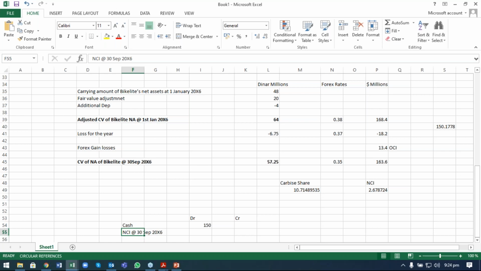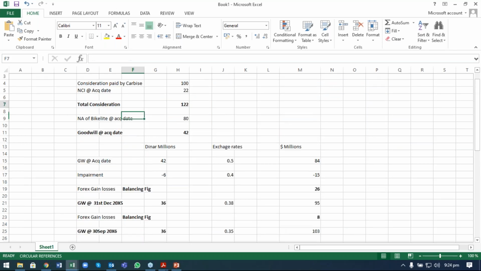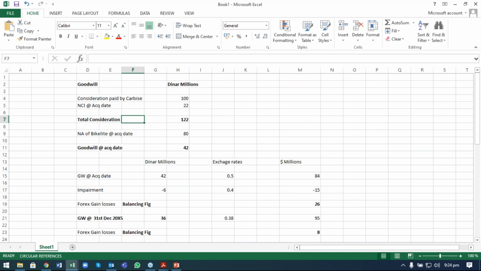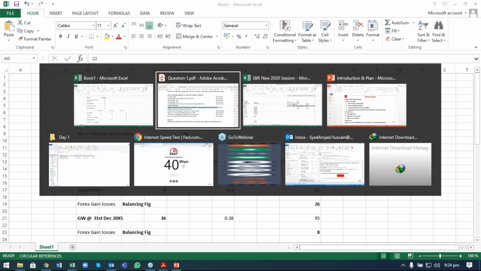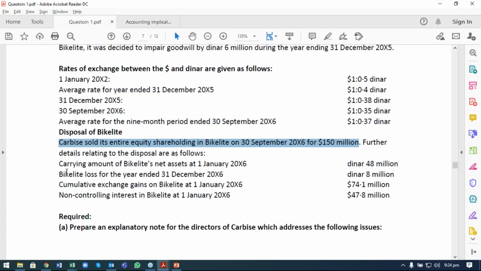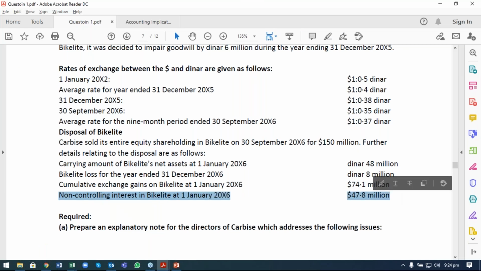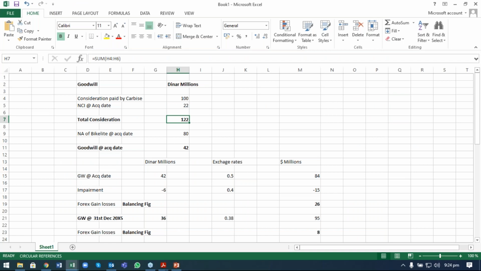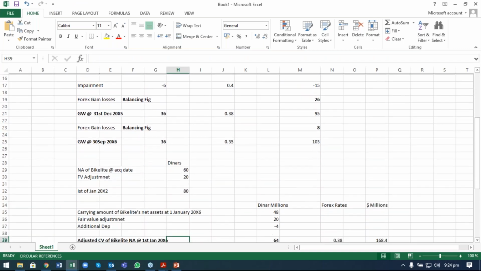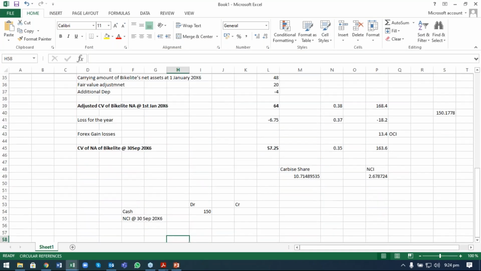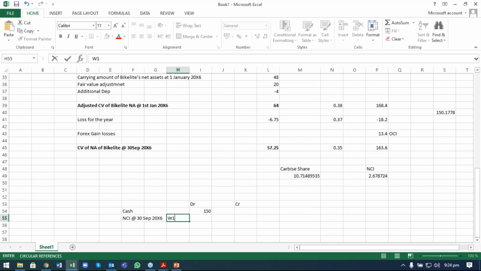We will be looking into the NCI value, and I believe we have not calculated this NCI value. We have calculated NCI at acquisition date, and afterwards we have not considered the NCI value. If we look into this question, the non-controlling interest in Backlight on 1st January was provided, that was 47.8 million. Any differences that should be reported should be accounted for. So I'll be mentioning here in this question, this should be working one.